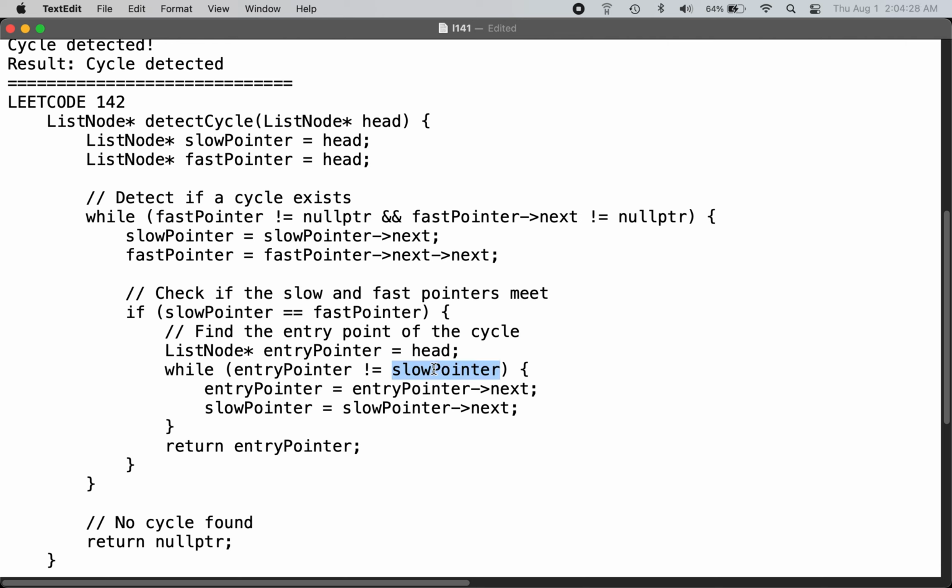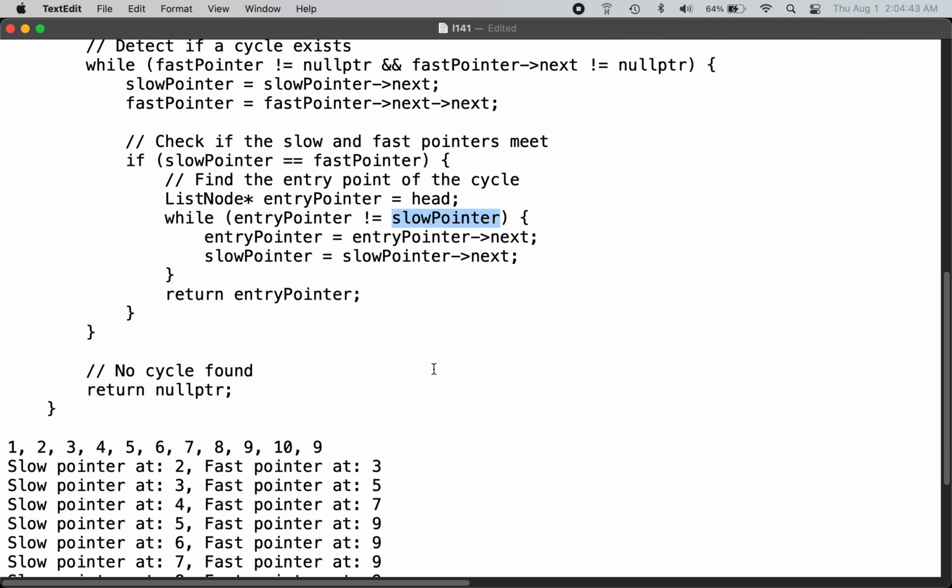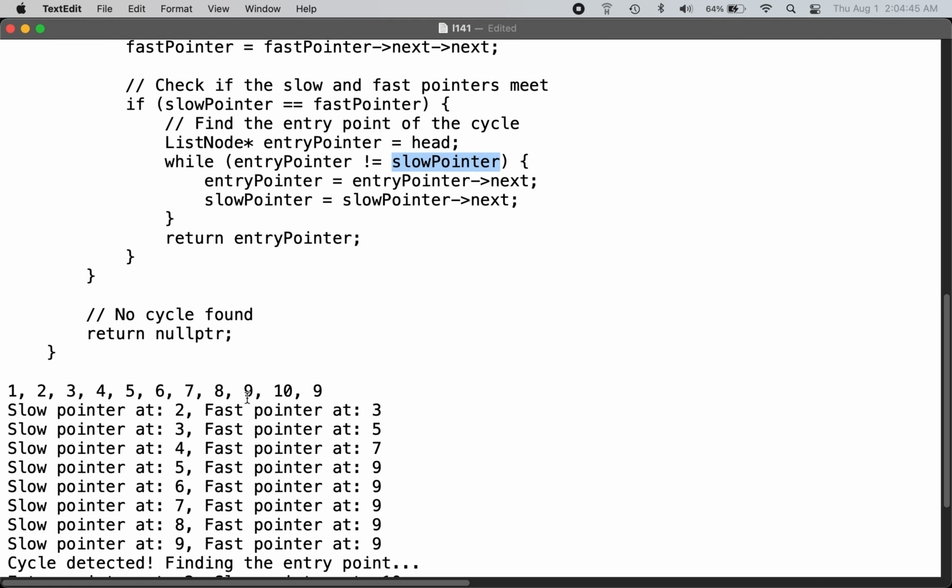There is math to explain why this is the case. It depends on the cycle length. If you take out the offset, like in this example, it's a huge linked list, but the cycle starts at 9.